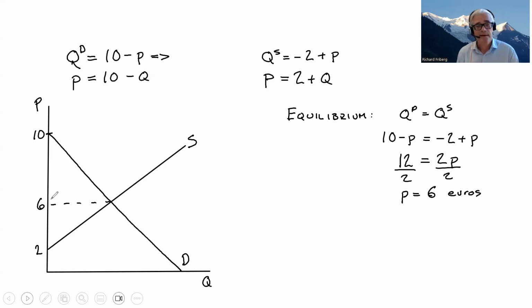And to find the equilibrium quantity, we can insert the 6 euros either into the supply function or the demand function. So for simplicity, or just for the sake of the argument, put it in the demand function. So quantity would then be equal to 10 minus 6 equals 4 boxes.